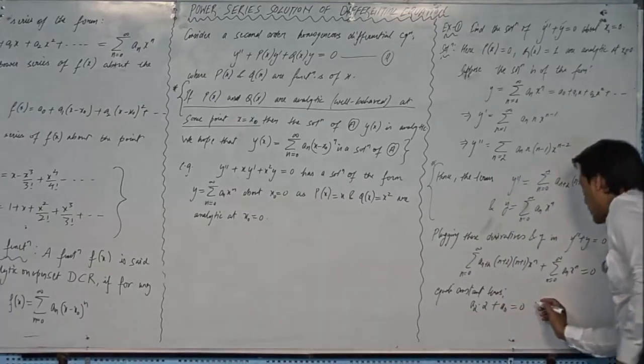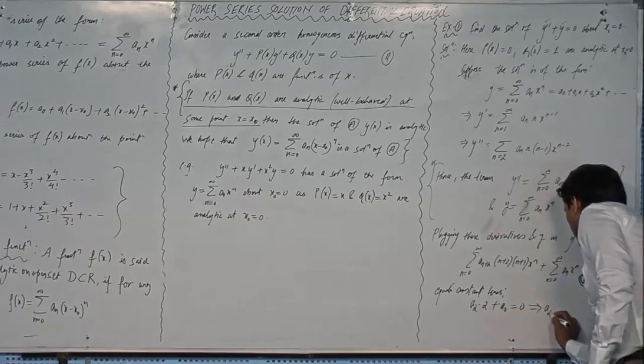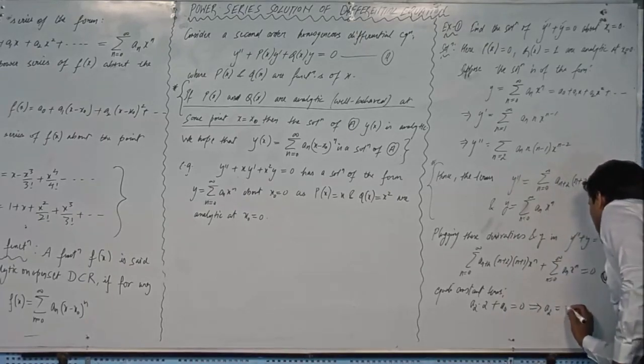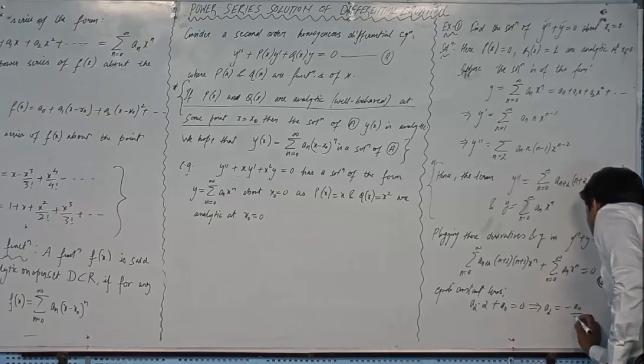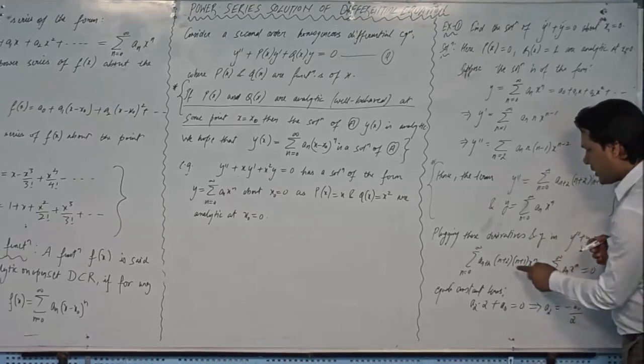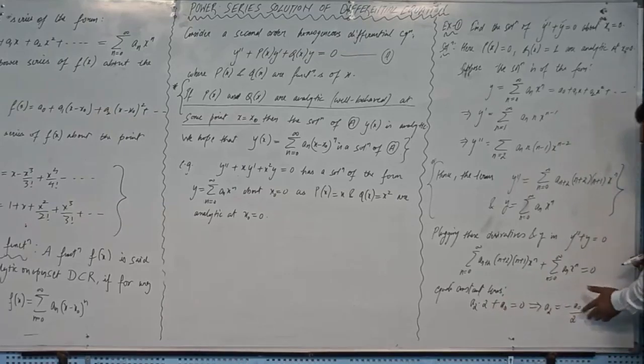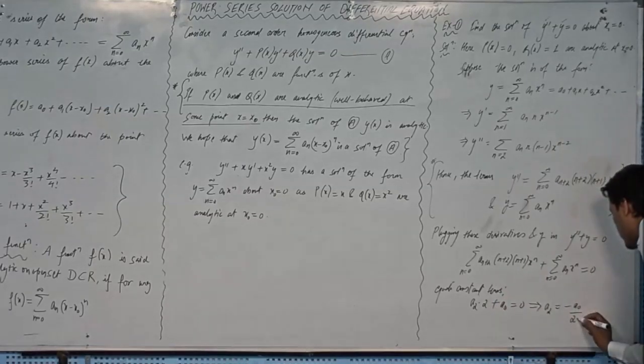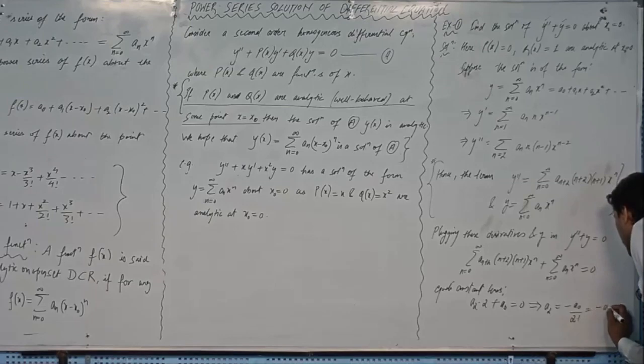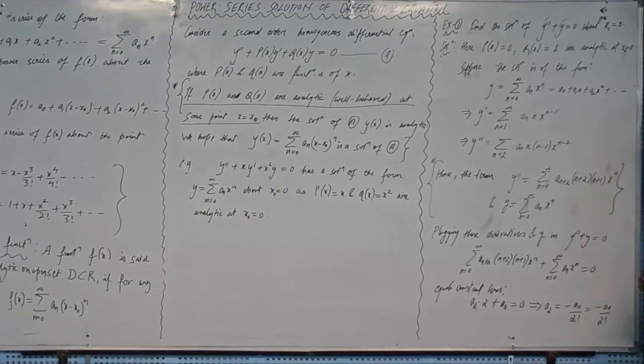So from here I can always obtain a2 is equal to minus a naught over 2, and this was actually 0 plus 2 into 0 plus 1, that was actually 2 into 1. So we write it as 2 into 1 in order to generalize it, or minus a naught over 2 factorial, right?